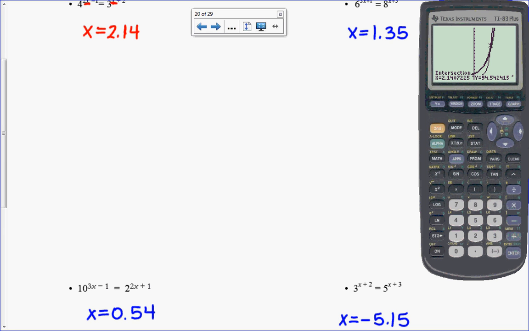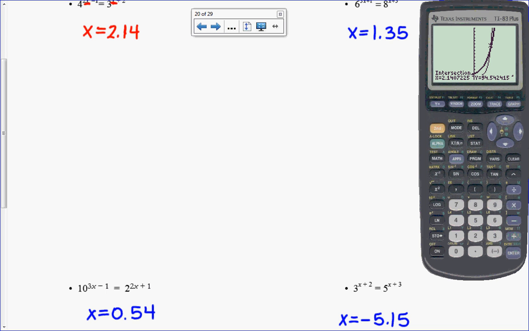Actually, I guess, and a third way that we've learned is if it is a complex equation, you can enter your y1, the left side of your equation, and the right side of your equation into your y2, find the point of intersection, and the x coordinate of that point of intersection is what x equals. So 3 different methods we've learned for solving exponential equations.